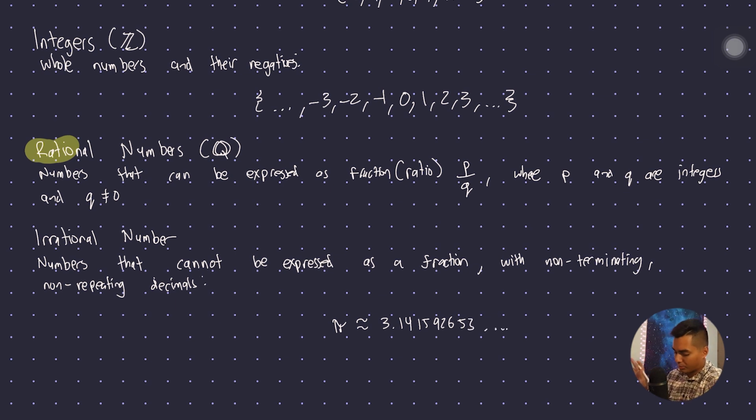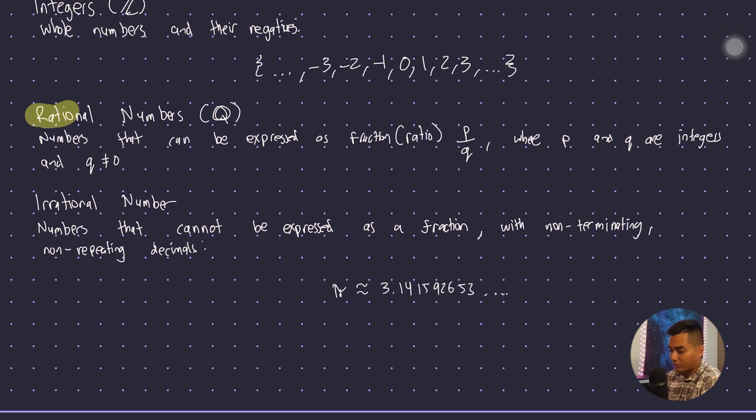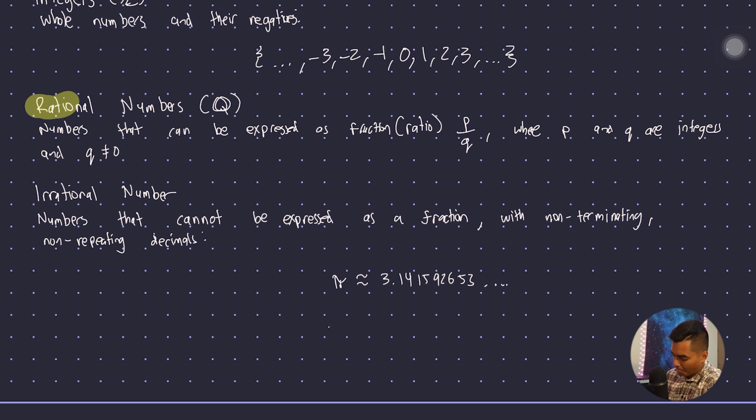Pi is a really special number that has some insanely beautiful properties, super useful in science and engineering. The number square root of 2 is also an irrational number, approximately equal to 1.414213, and this also goes on to infinity.